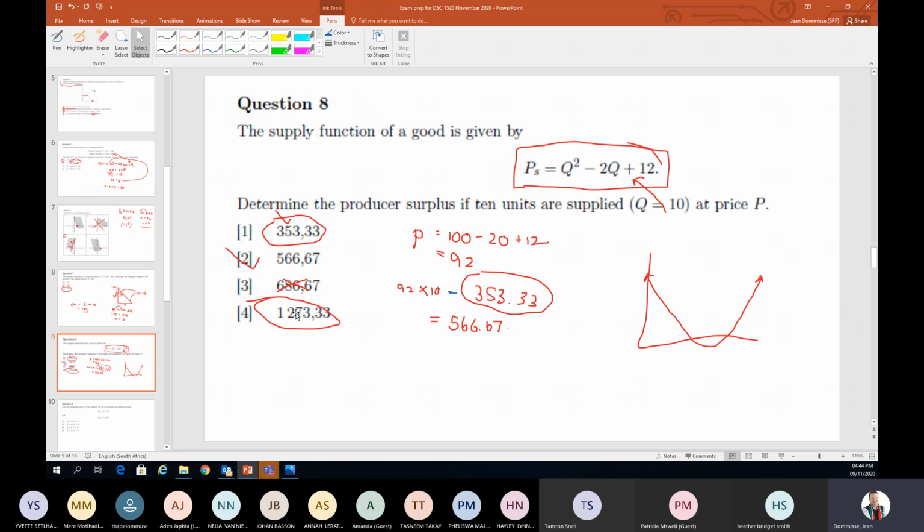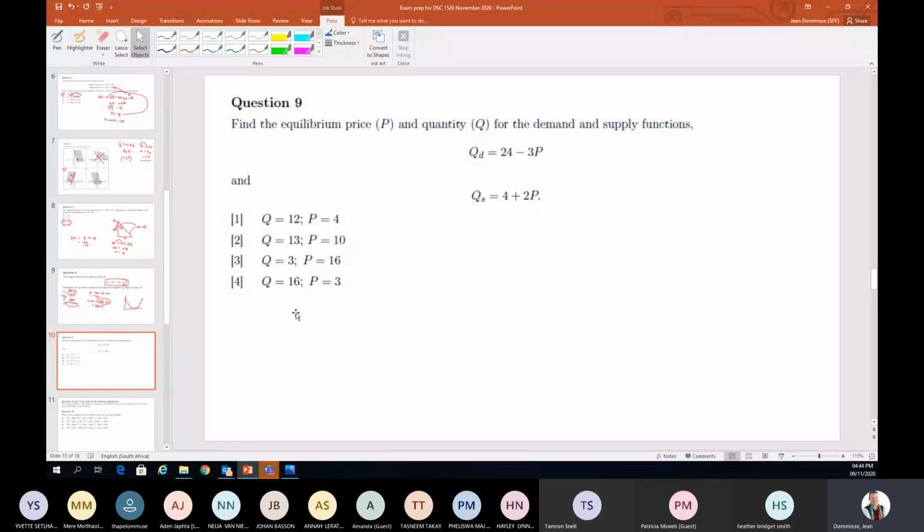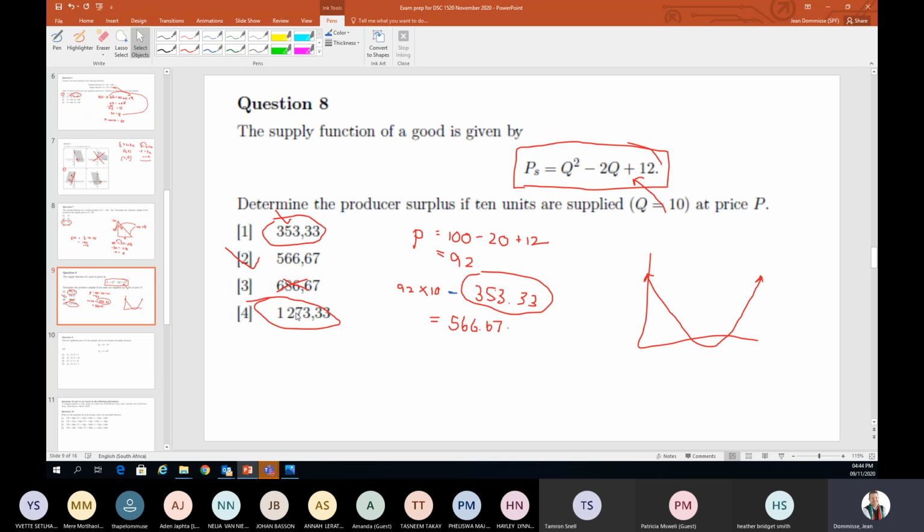So I think that is how you need to be prepared for the exam, because suddenly the next one looks like it can again be a simple formula, where it is just a demand and supply. They're trying to throw a curveball at you to get you off.